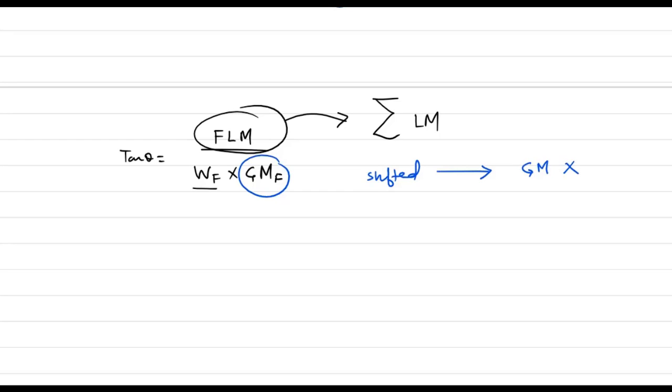Shifting port to starboard is horizontal, and GM is a vertical distance, so it stays the same. But if you shift diagonally, it will have two components. The component port to starboard will cause list, and the vertical component will cause a change in GM.